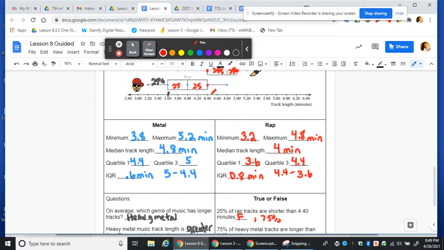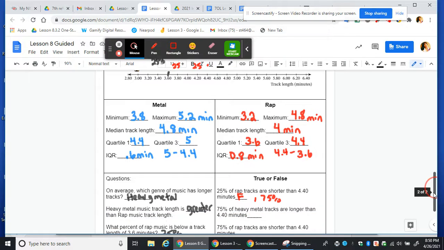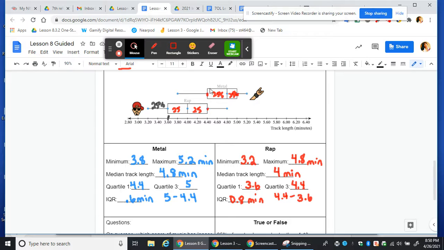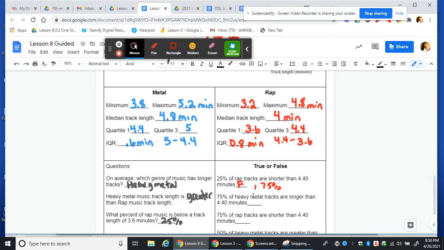Okay, let's look at the following statements. 75% of heavy metal tracks are longer than 4.4 minutes. Well, here's my 4.4 minutes, and longer than that is 25%, 25%, and this is also 25%. So 75% of the heavy metal track length of a song is going to be greater than 4.4 minutes. So this one would actually be true.